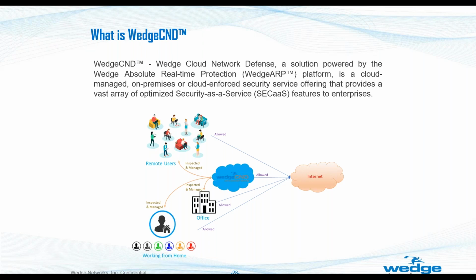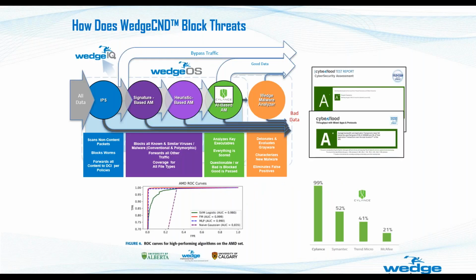So Wedge CND intercepts and blocks threatening and attacking traffic while allowing clean traffic to pass through the AP devices. So this is a high-level architecture.